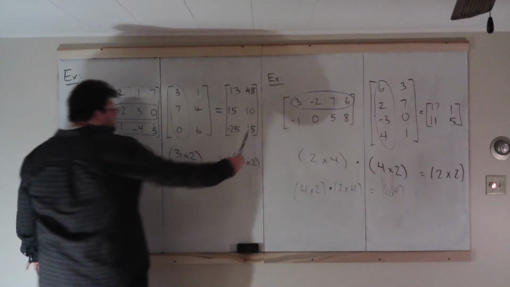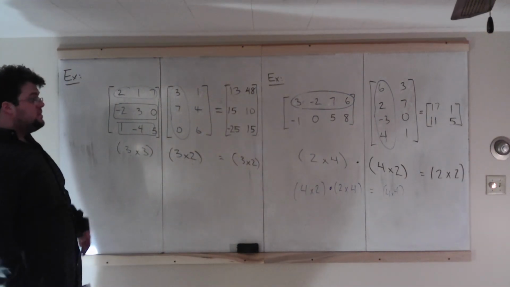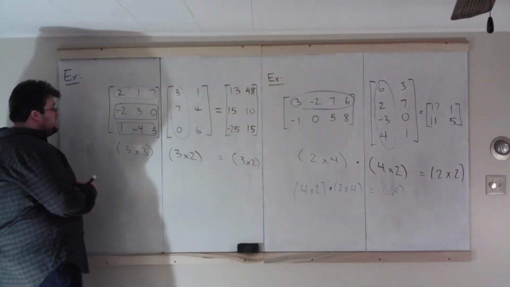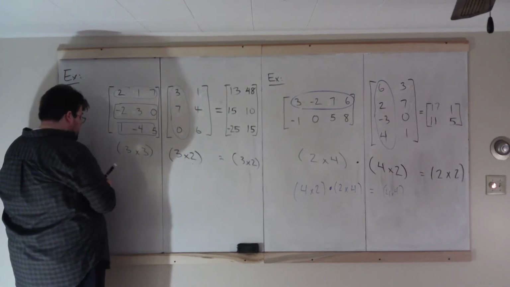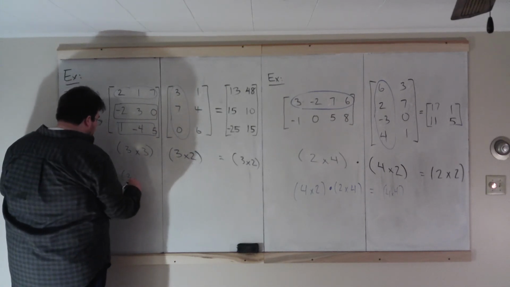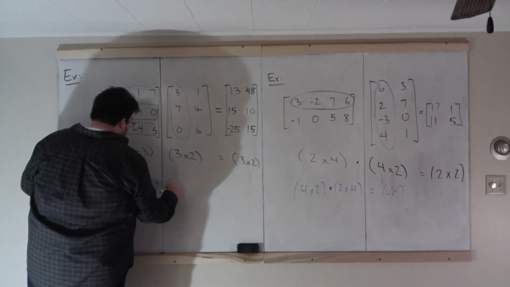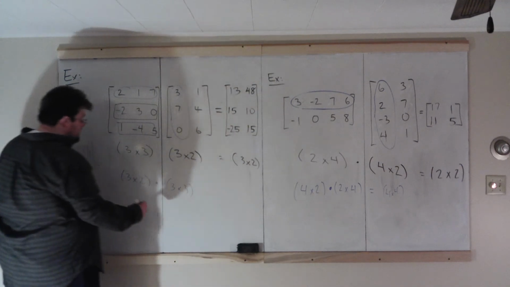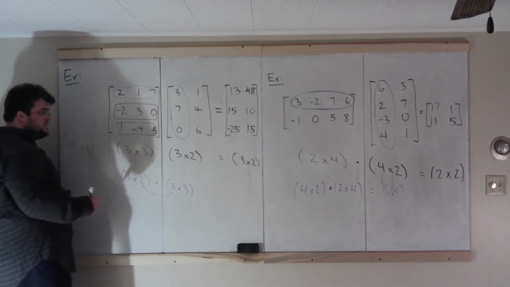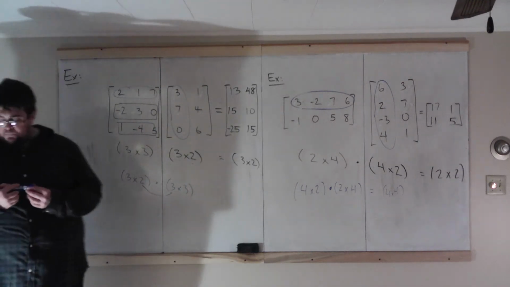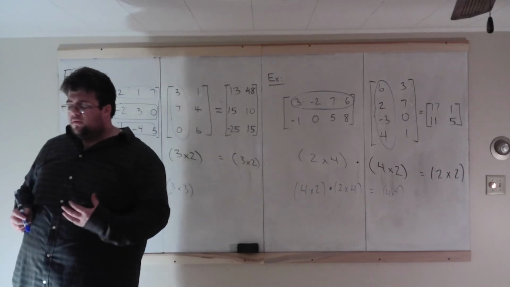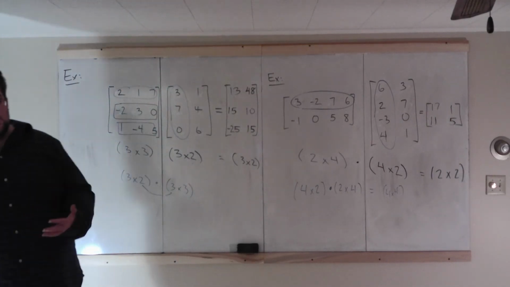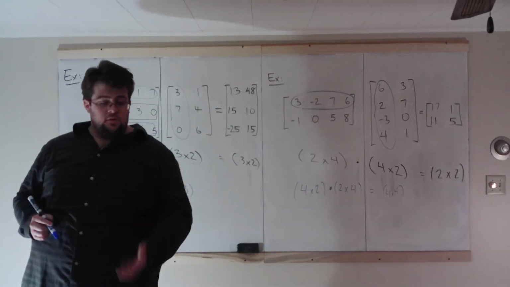If you flip those two around, they happen to both be defined. But here, if instead of doing this one times this one, you did this one times this one, you would have a 3 by 2 times a 3 by 3. These aren't equal, so that's not even defined. So matrices are really the first type of example where something isn't commutative.